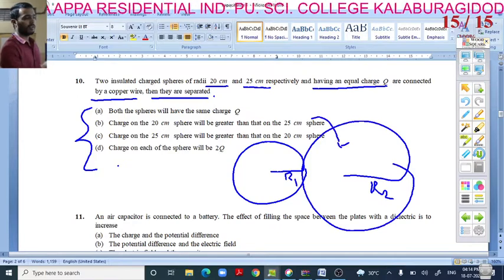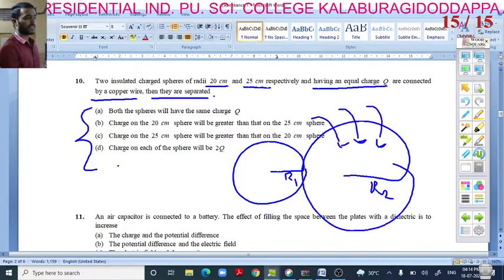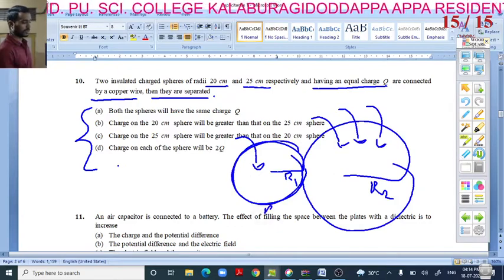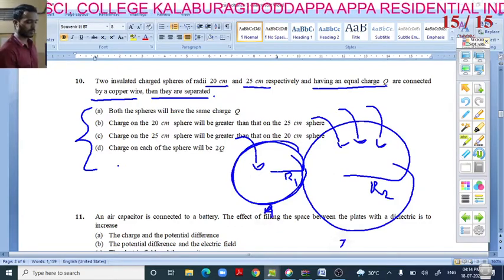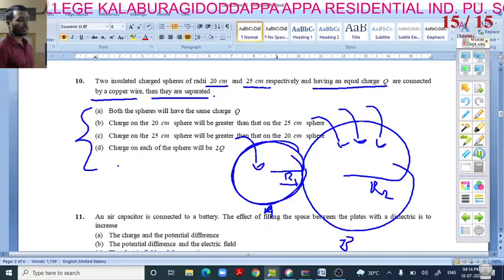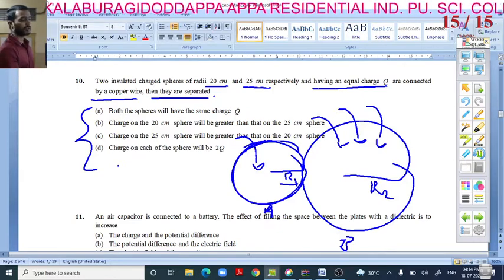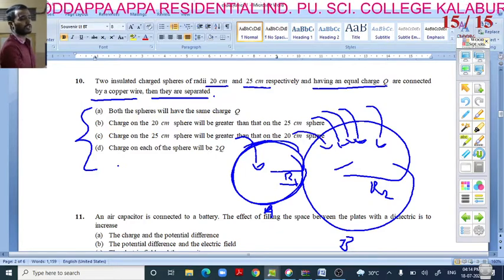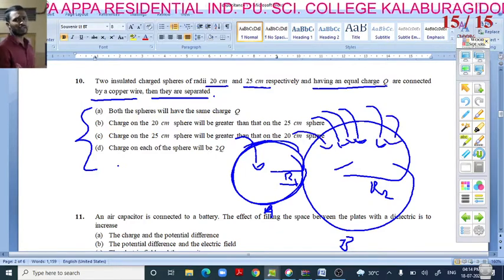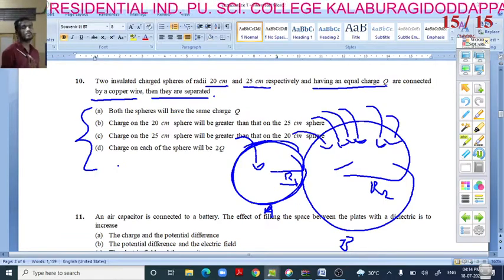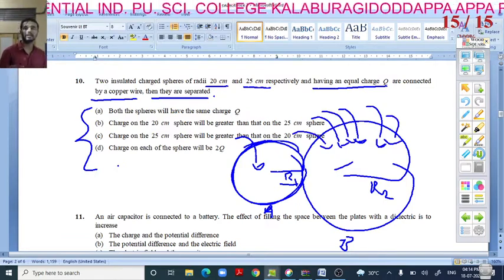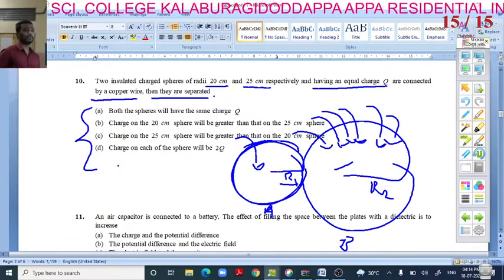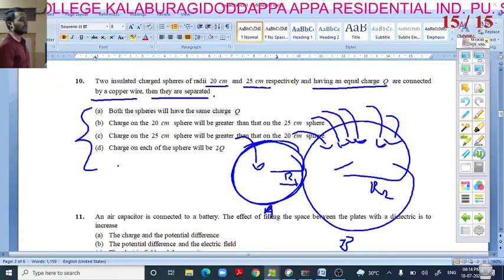This is A, this is B. This has a smaller radius and the size is smaller as compared to this, so here we can fill more charges as compared to that. It is very clear that the sphere having the greater radius can store more charges.